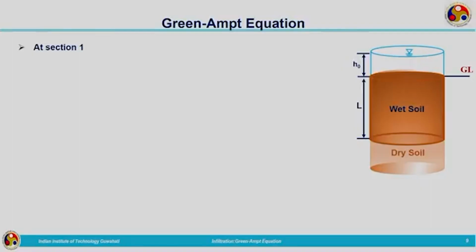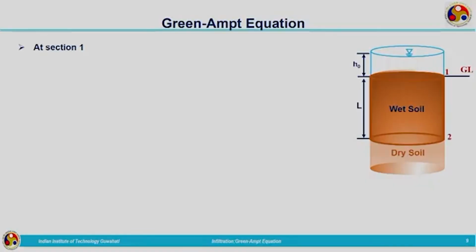Now, for writing the expressions and notations related to H and Z, we are again considering the control volume, with section 1 at ground level and section 2 at the wetting front.